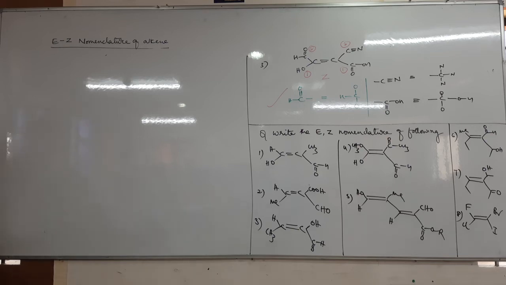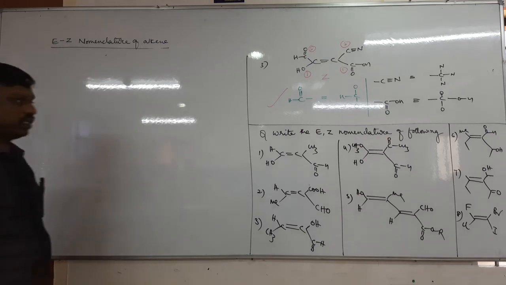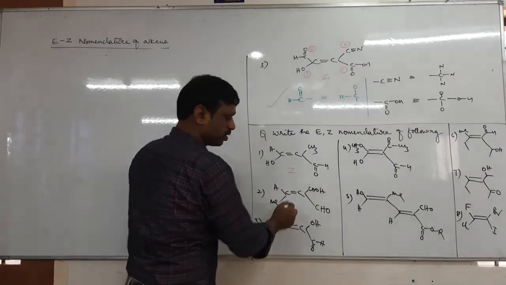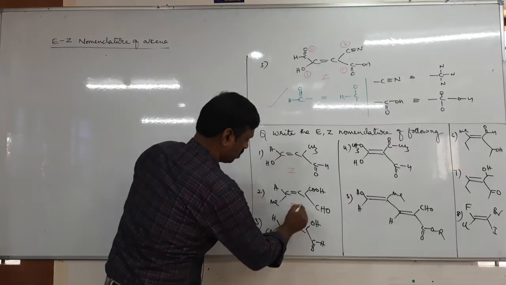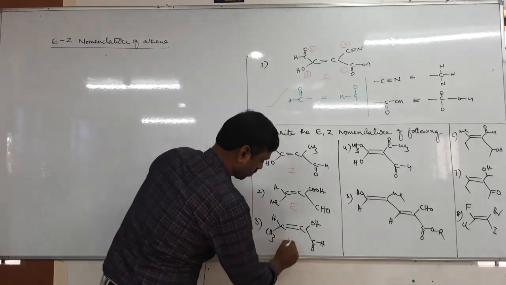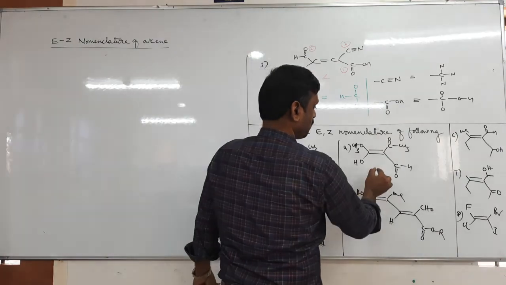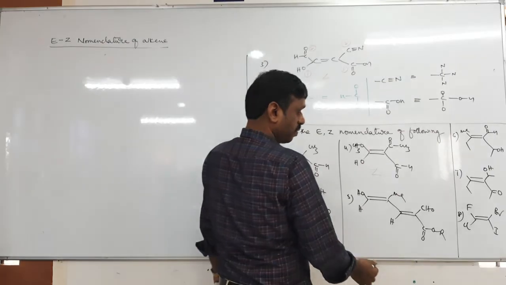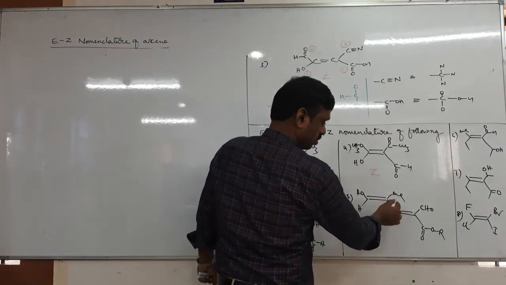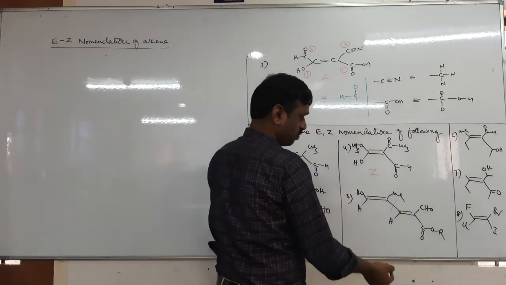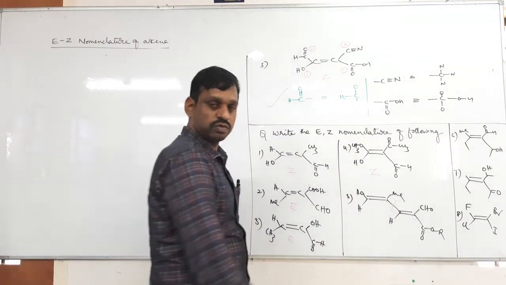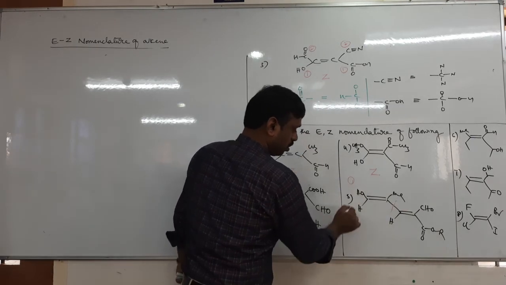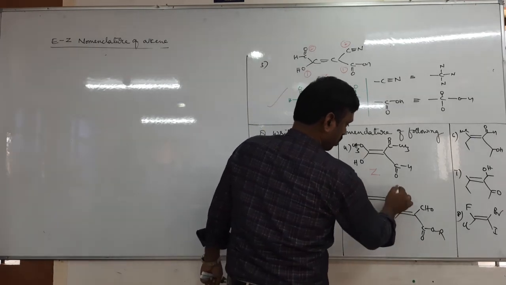Okay. So what is the nomenclature? Here there are two molecules, this is one, it is another one. First one is 1, 2, 1, 2.